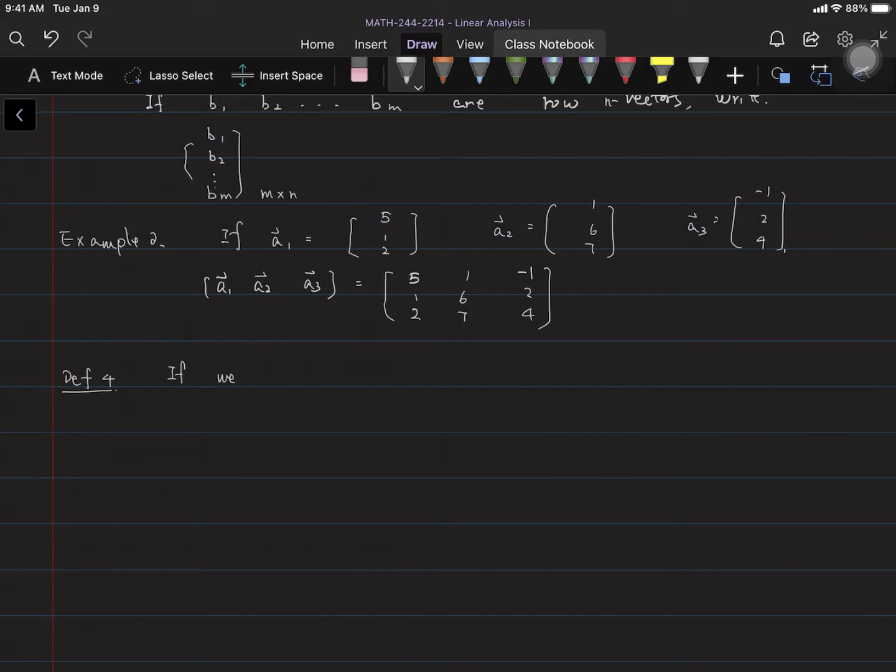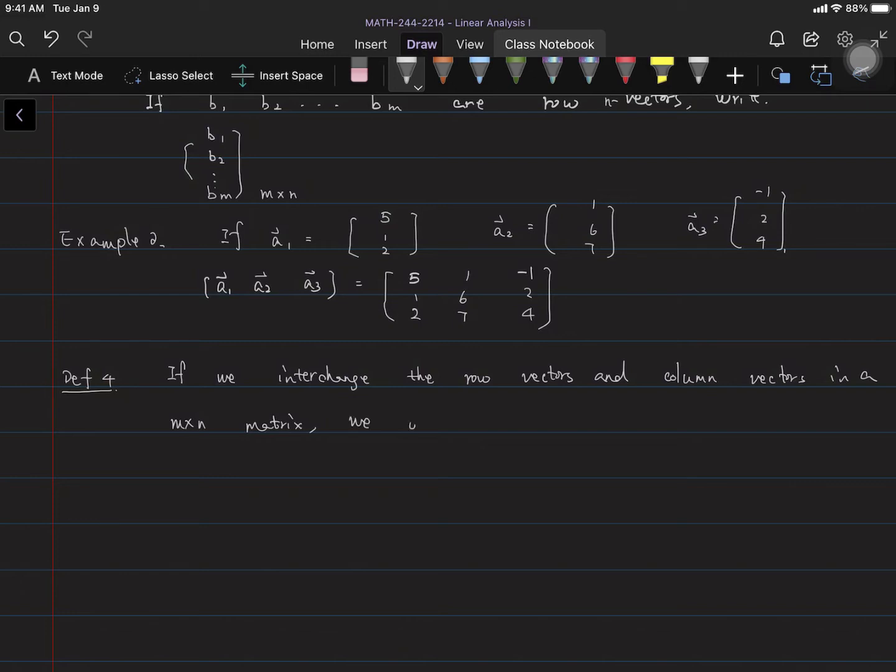If we interchange the row vectors and the column vectors in an m by n matrix, then we can get an n by m matrix called the transpose.